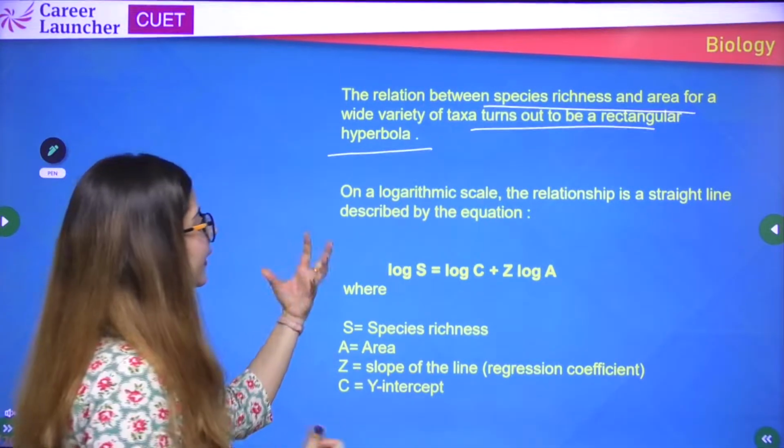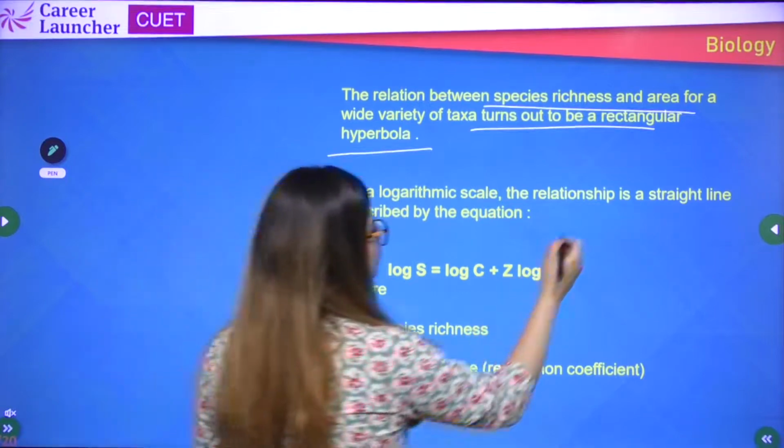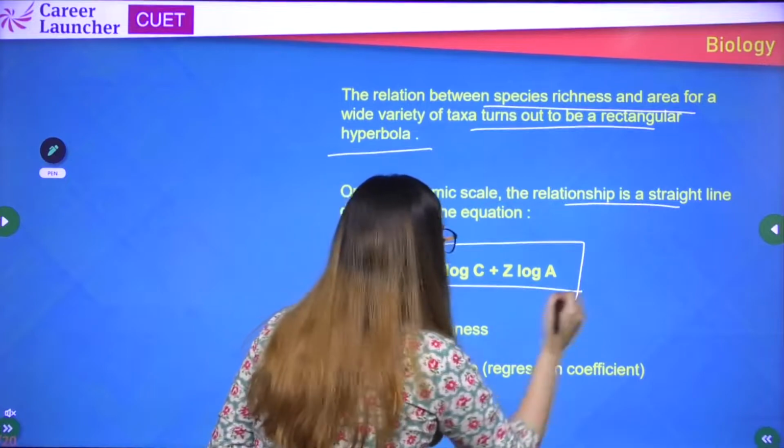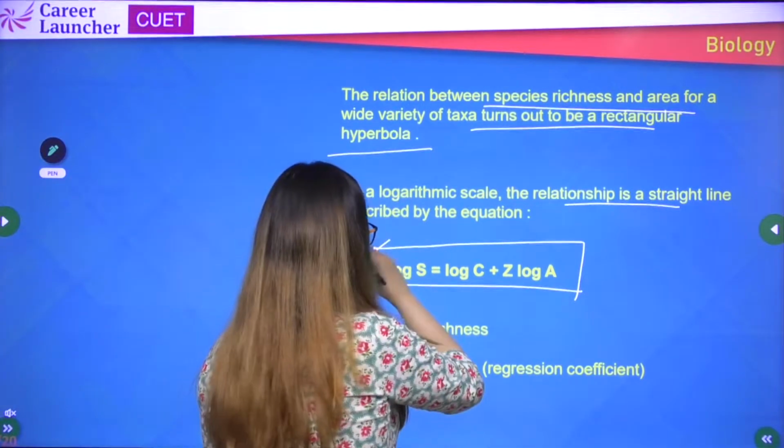And if we take out the logarithmic relation, the relationship is a straight line, and it is given by the equation log S = log C + Z log A.